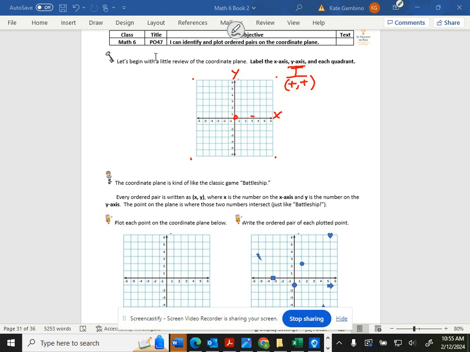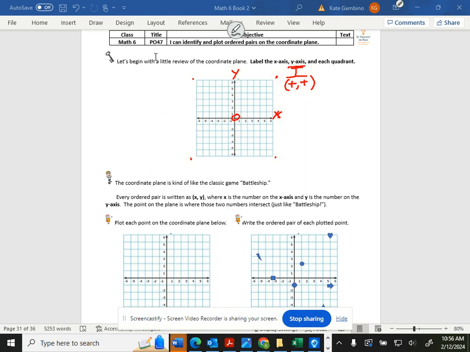Because when we go to the right, they are positive. And when we go up, they are positive. So any of those ordered pairs in that box will be all positives.